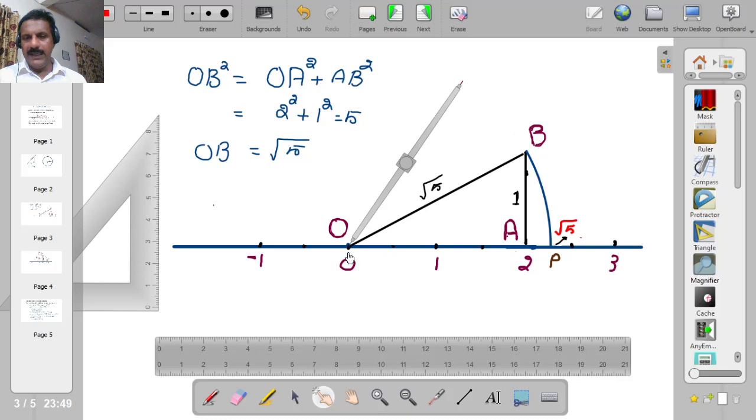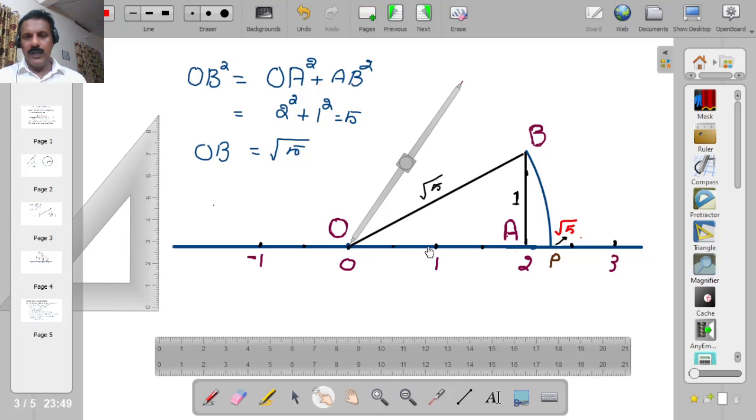Now the base of this right angled triangle is OA having length 2, and the altitude is AB, which is equal to 1 unit. So what will be the length of the hypotenuse? By Pythagoras theorem we have OB squared equals OA squared (base squared) plus AB squared (altitude squared).